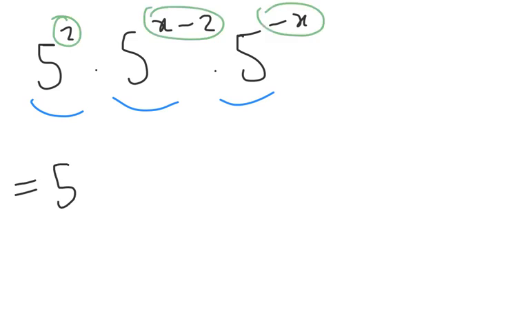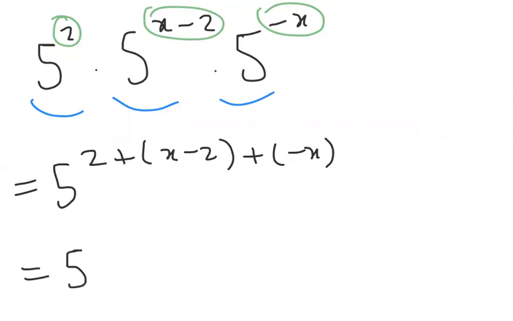So I'm going to say 2 plus, I'm just going to keep it in a bracket for now, x minus 2, and then plus minus x. You don't need to do it, but I just like to keep it separate so that I can see what I'm working with. So then it's 2 plus x minus 2 minus x.